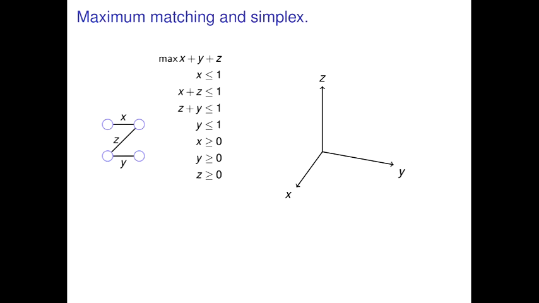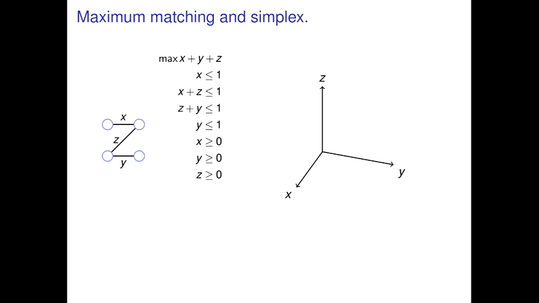Let's do this. So this is the graph, okay? And I'm assigning values to each one of the edges to say if they're 1, they're in the matching. If they're 0, they're not in the matching. So a solution would be x equals 1, z equals 0, and y equals 1. Now, these constraints on the right say that z plus y is less than or equal to 1.